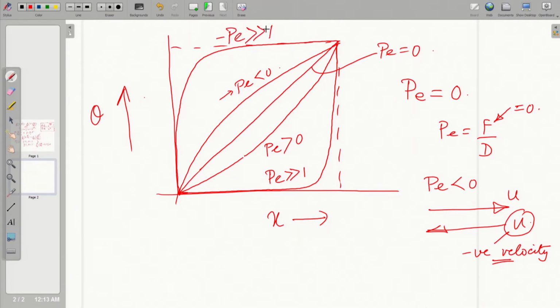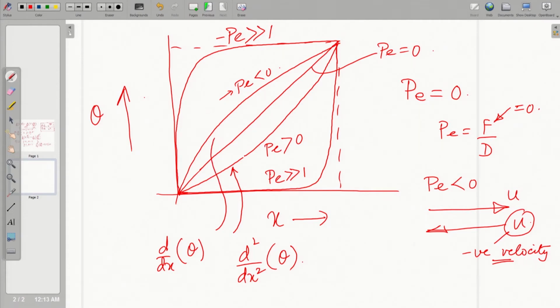So, how can we ascertain these trends? For that, of course, we have to do a small exercise. For example, if you try to do a d/dx of theta, then that would give you slope information, and then further if you take a second derivative of theta, it would actually define which way the curve would bend, whether it would be a concave or a convex kind of a curve.